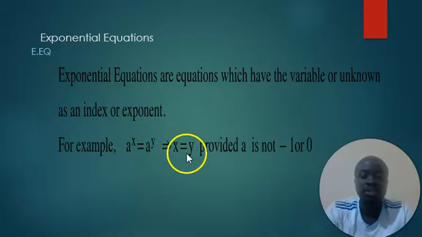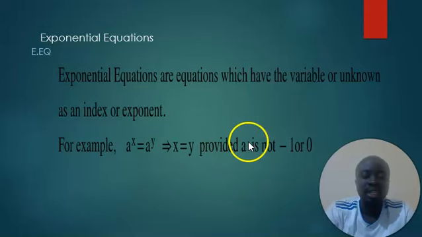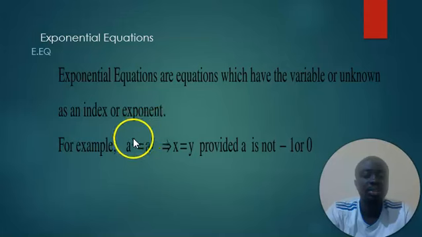So x equals y, provided that a is not minus 1 or 0. If this a is minus 1 or 0, this can't work. So any number apart from minus 1 and 0. If here is 1, here is 1, here is 2, here is 2, you can just equate the powers, and that is all. Now, let's take some.